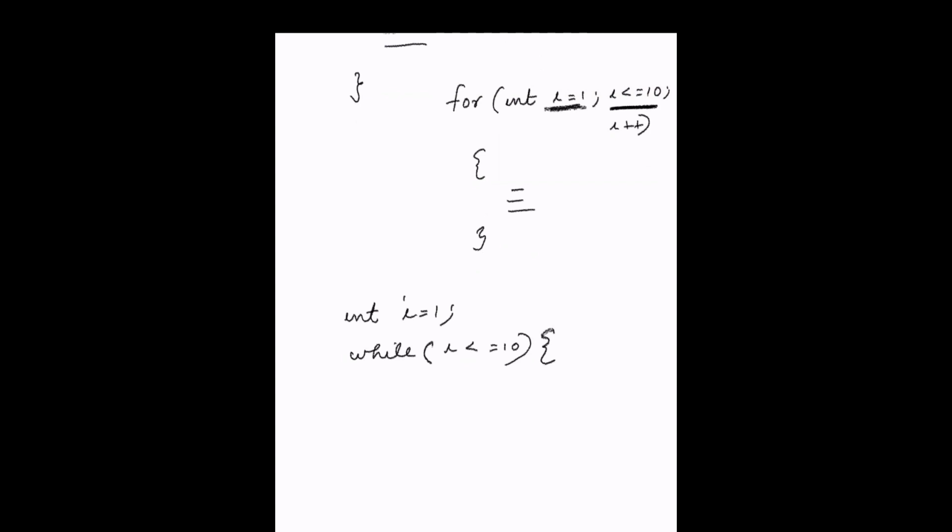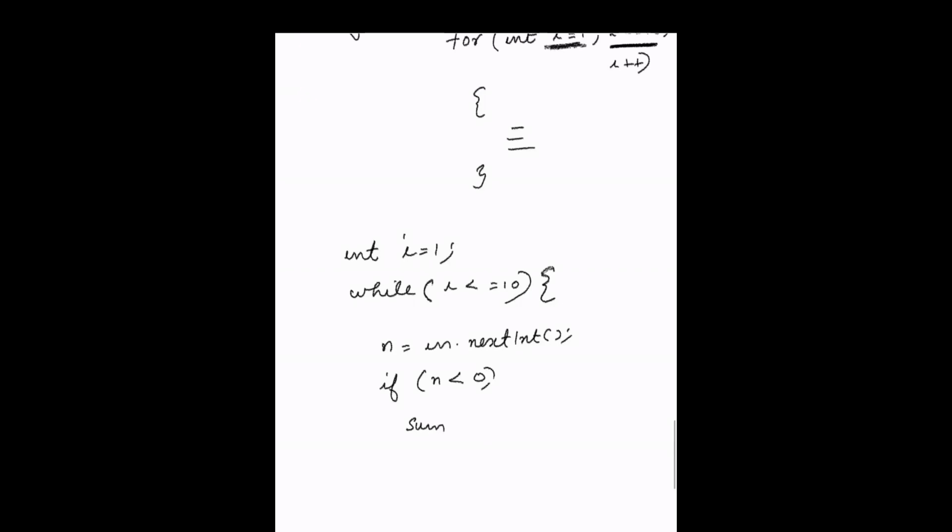So I write System.out.println, enter the number, and then I will write n equal to in.nextInt. Okay. And then I will check if n is less than 0, then sum would be sum plus n, right? This is what we did in the previous program.